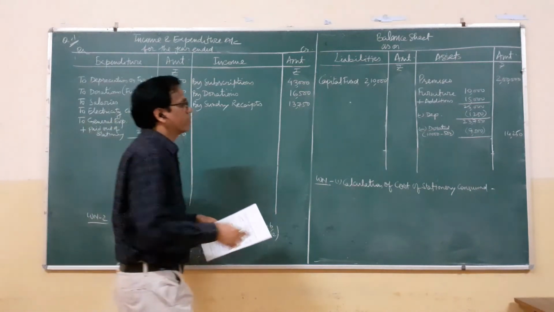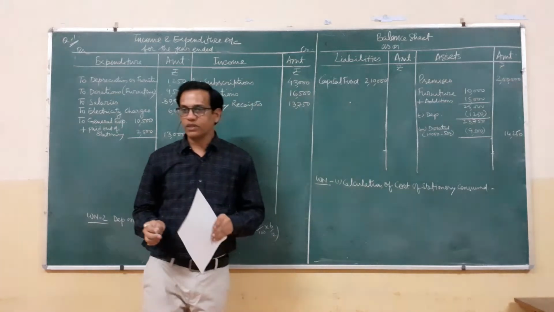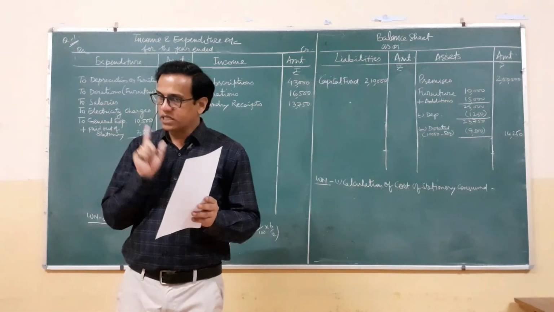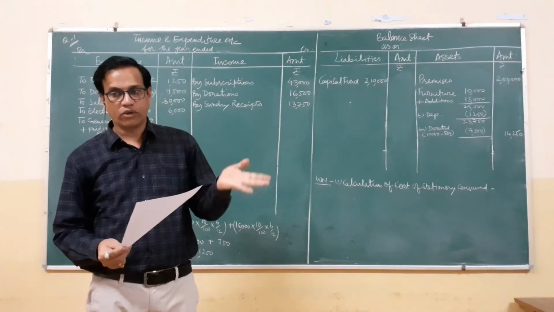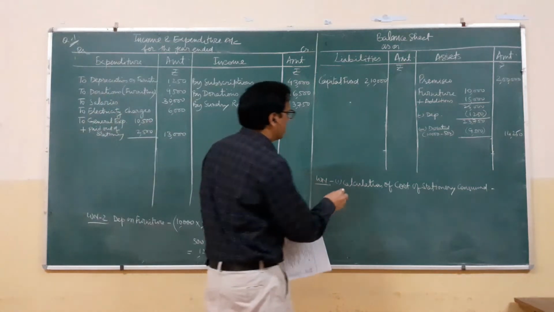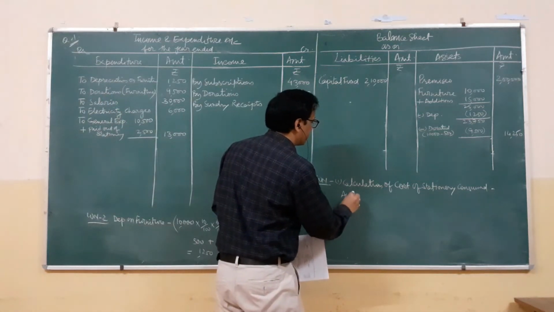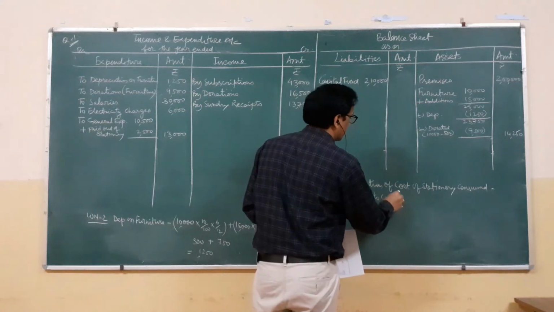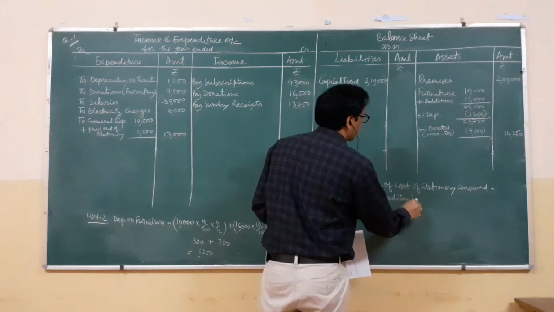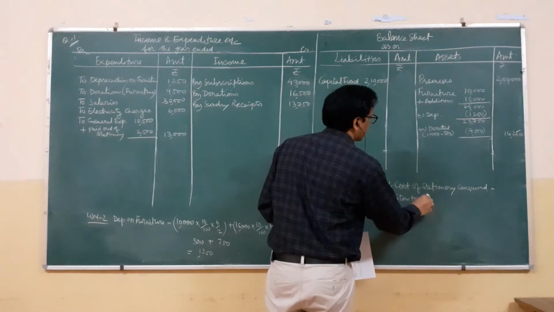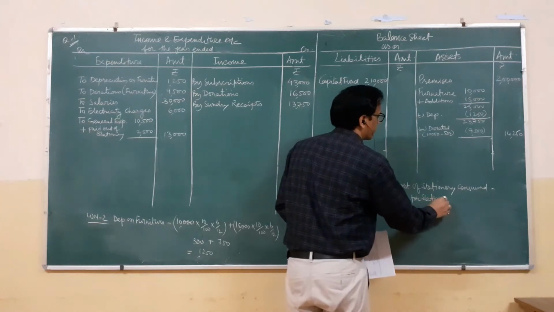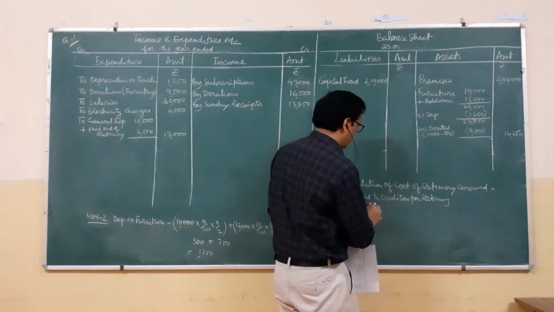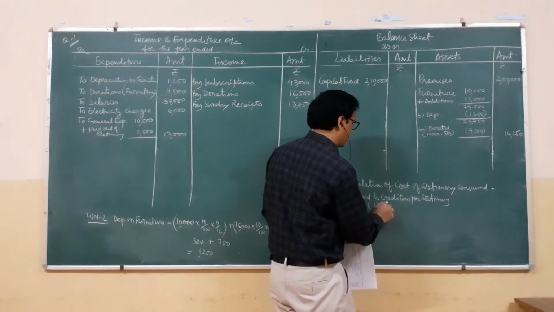Now we will calculate this amount. What is the formula with us? We take opening stock of stationery, that's not given here, so we will not take. Then the amount paid to creditors. That is the first information given to us. Amount paid to creditors for stationery, that's given as 12,500.